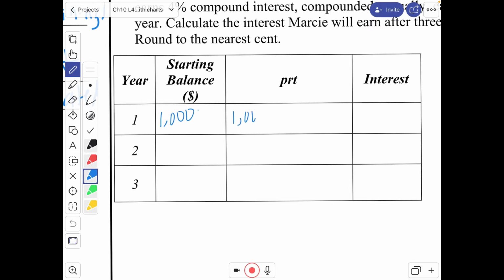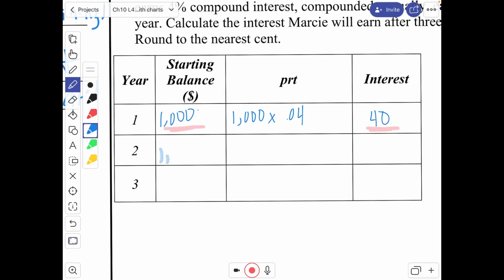So to figure out the interest, it's 1,000 times her rate, which was 0.04. And 1,000 times 0.04 is $40. We did that before. But the second year, she's going to have that 1,000 plus the 40.